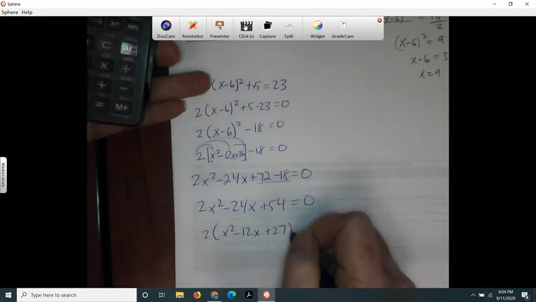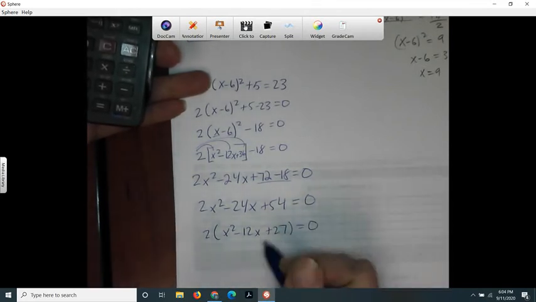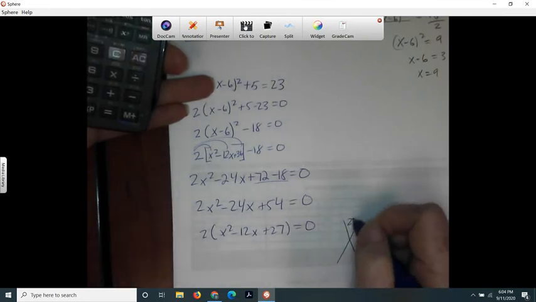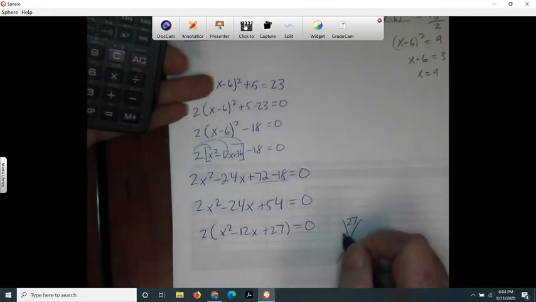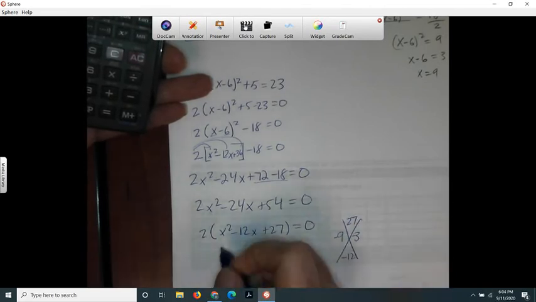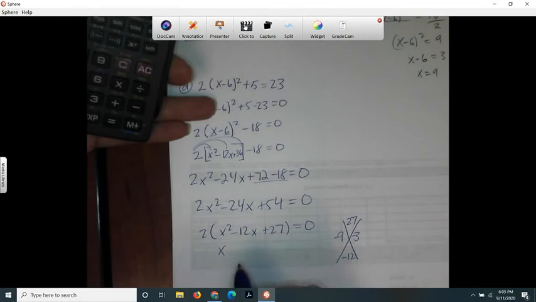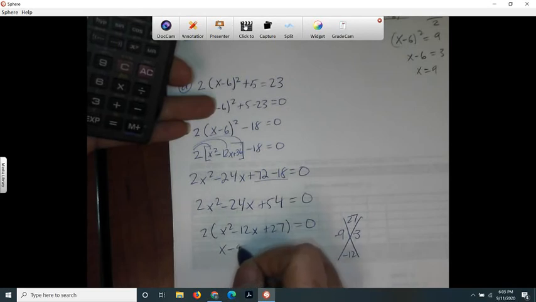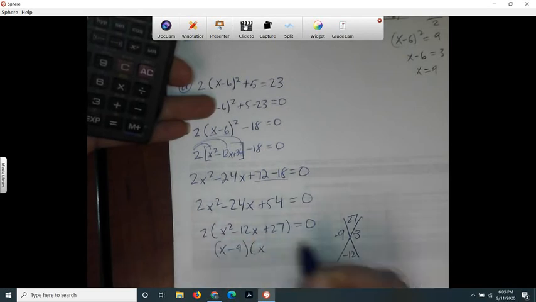Okay, so diamond problem. Multiply to make 27, add to make negative 12: 9 times 3. The 2 I can just divide off both sides, but I get x minus 9 and x minus 3. So x is 9, but x can also equal 3.